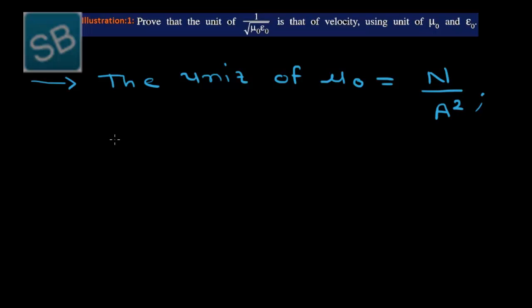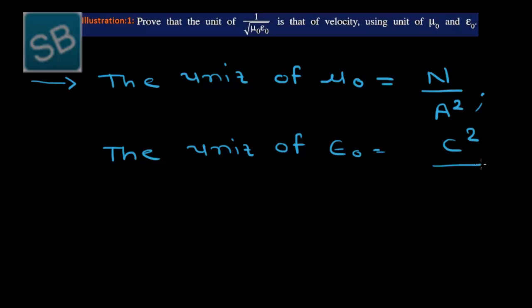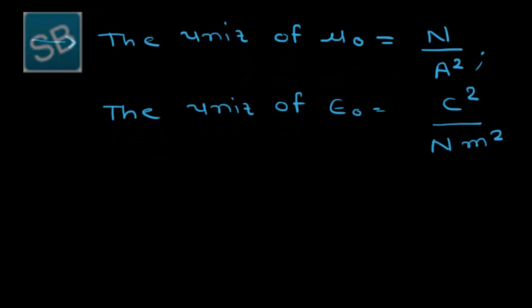And the unit of permittivity of free space, epsilon 0, is given by Coulomb square upon Newton into meter square.